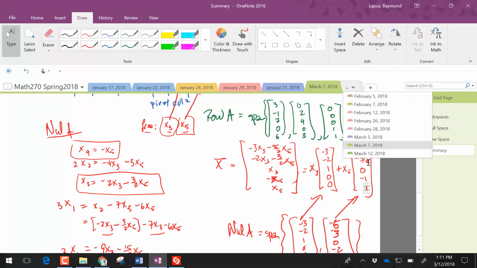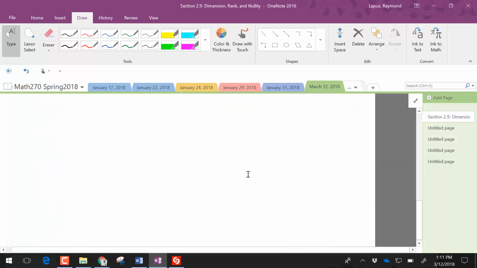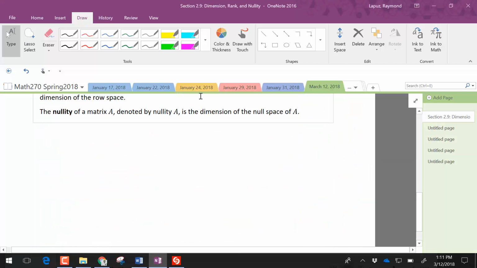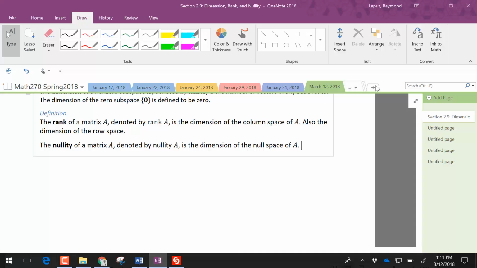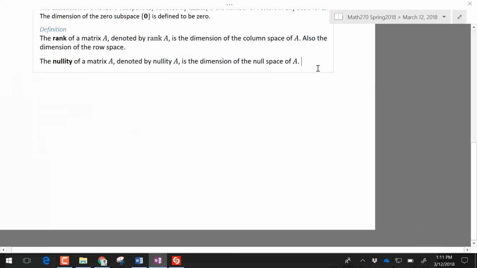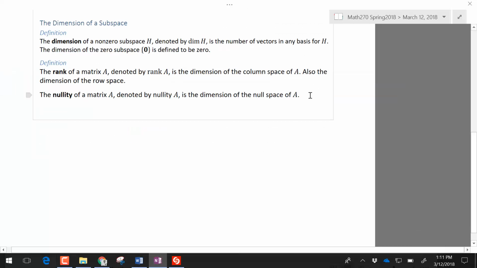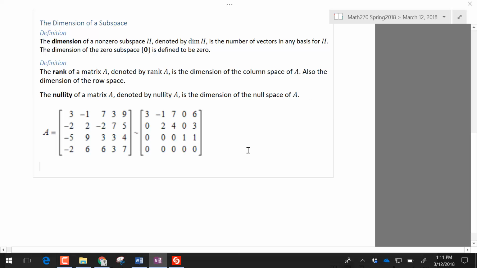So I'm not going to copy the whole thing. I'm just going to say, recall this example from last time. So we have 1, 2, 3 pivot columns.